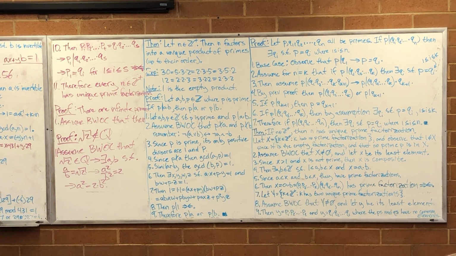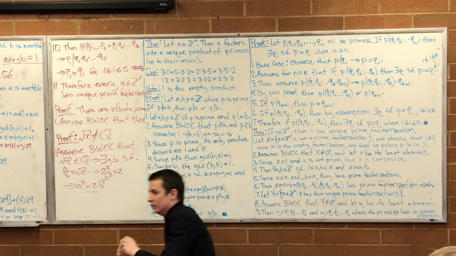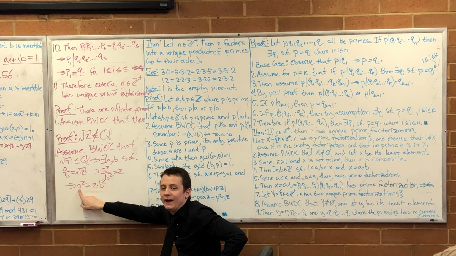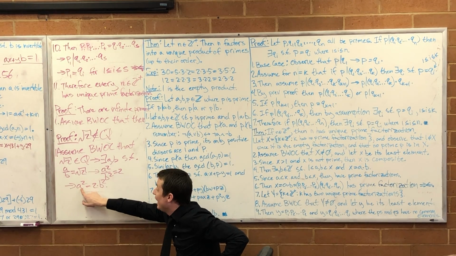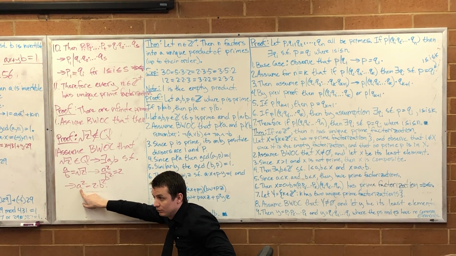Now, I don't know if we need to really write anymore to explain how this is a contradiction. A has a unique prime factorization, right? So in a squared, 2 shows up an even number of times.